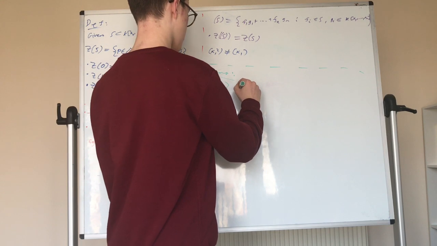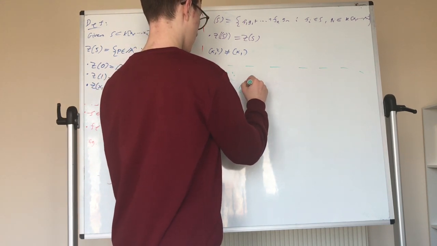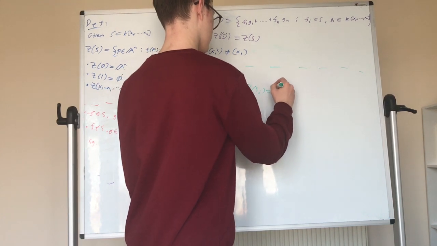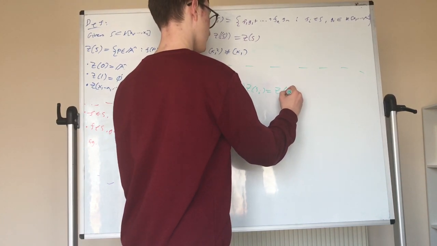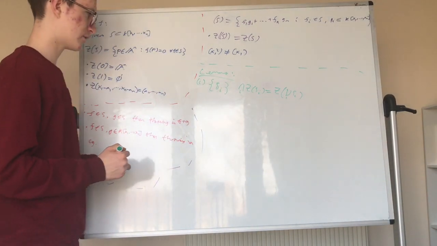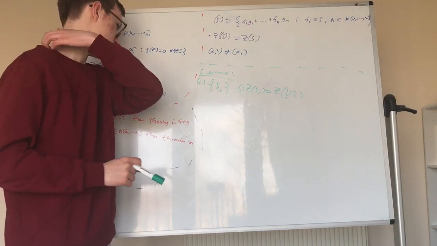We have that the intersection over all i of Z of Si is equal to Z of the union over all i of Si. Okay, so that's the first part of the lemma.